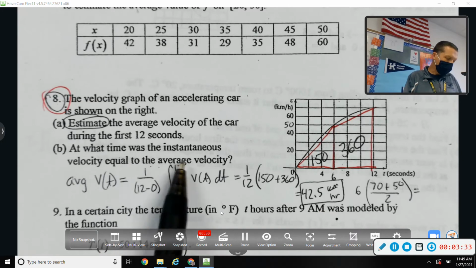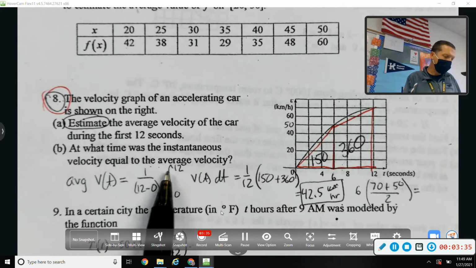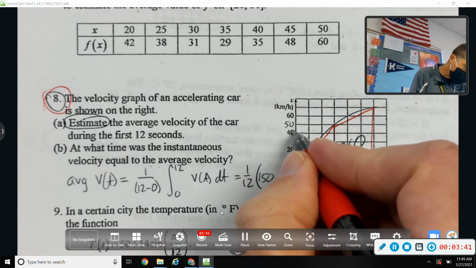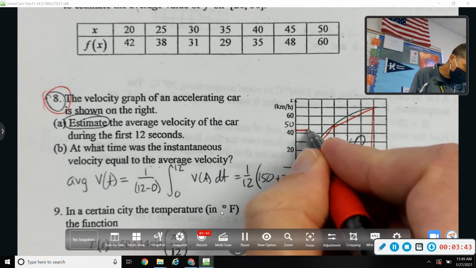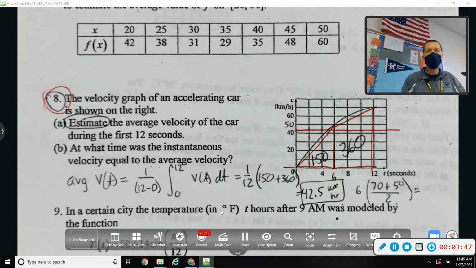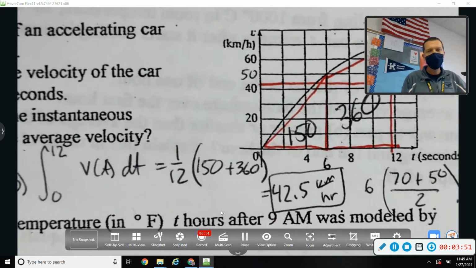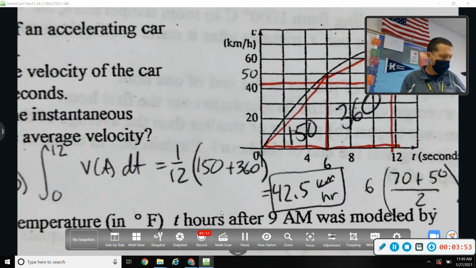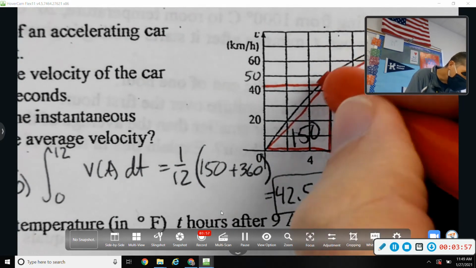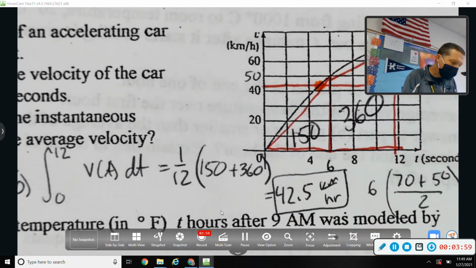Part B, at what time was the instantaneous velocity equal to the average velocity? Okay, well, the average velocity is 42.5, so somewhere in there. Zoom way in. See where that graph, where 42.5 crosses the instantaneous velocity. Right there.